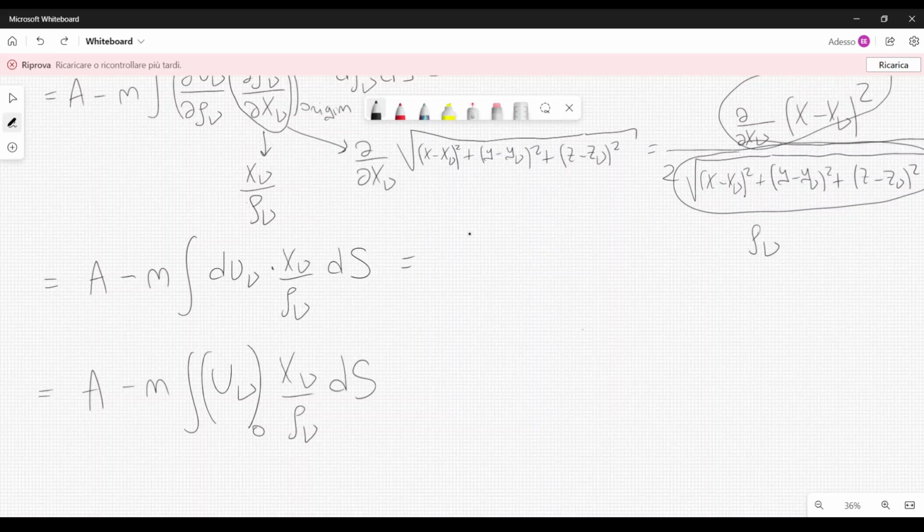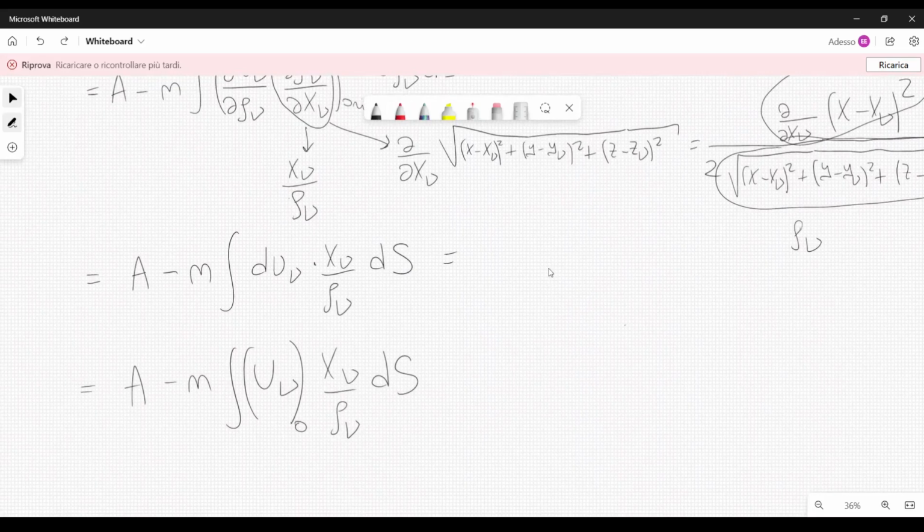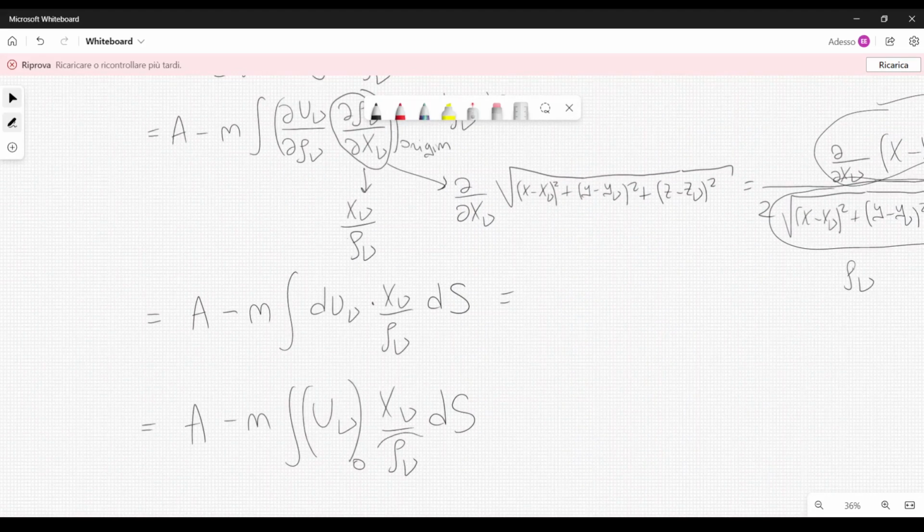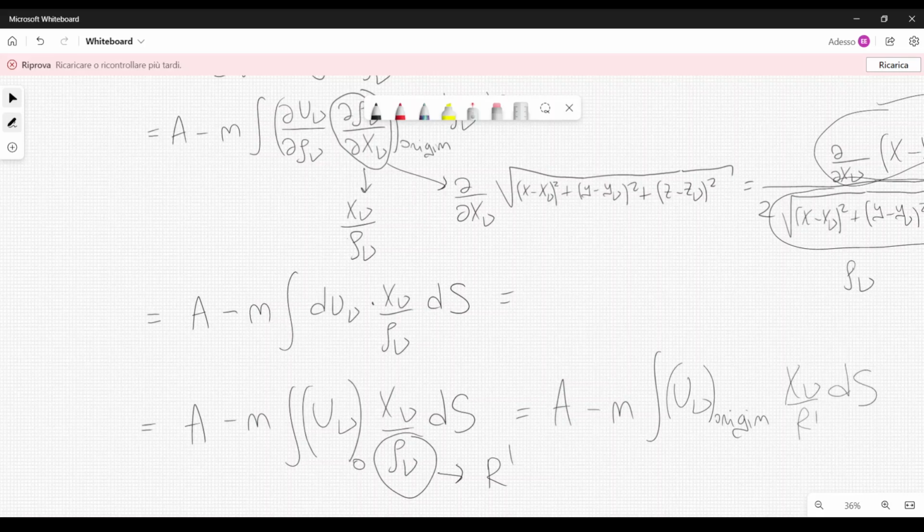Anyway, now let's start again from here. Then we can also put, instead of ρ_ν, r prime, because this integral is performed on the surface of the sphere. And therefore, let me write it as minus n integral of u_ν at the origin times x_ν over r prime ds.